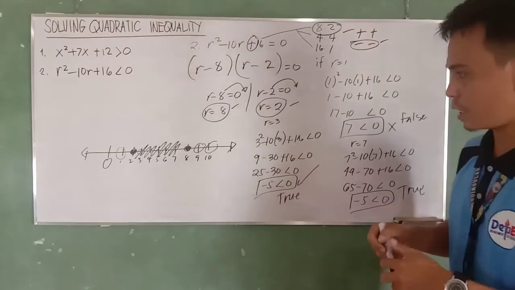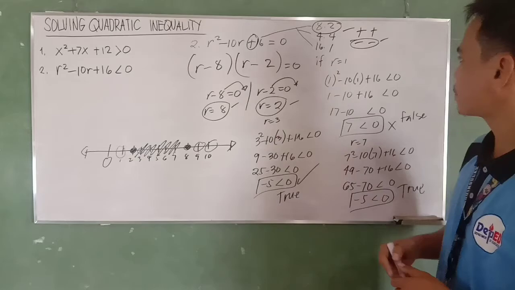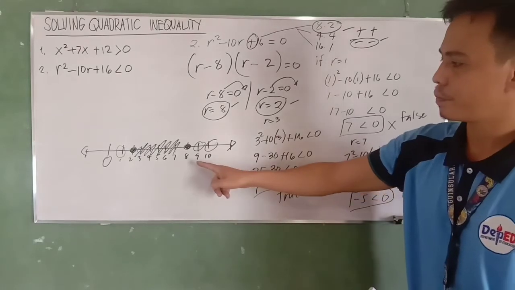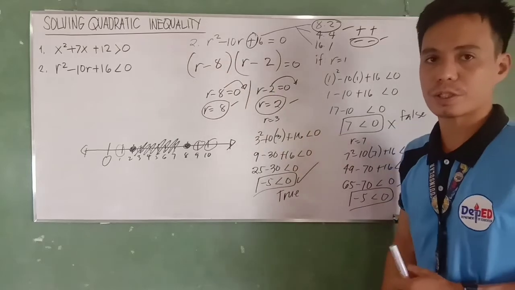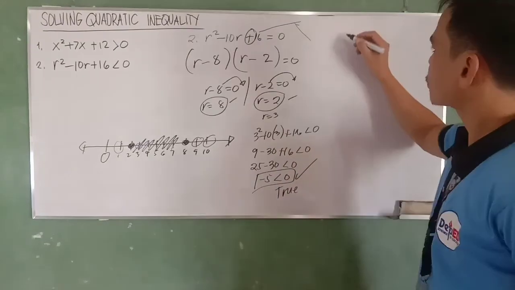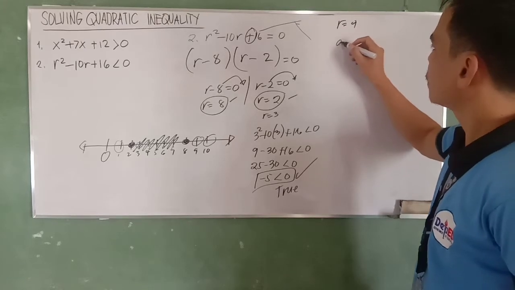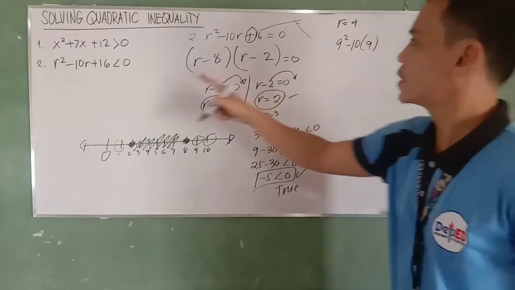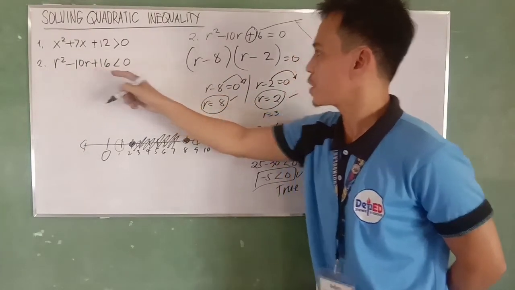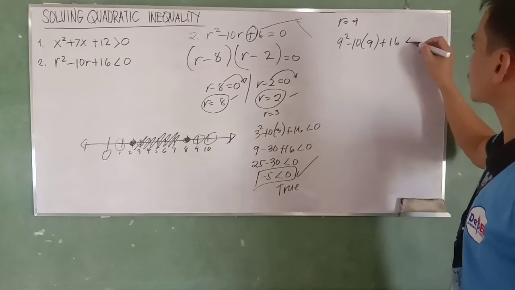Positive 9 and 10. So let's try if 9 and 10 can satisfy our original given inequality. So r is equal to 9. So therefore, 9 squared minus 10 times 9, your r is 9, plus 16 is less than 0.